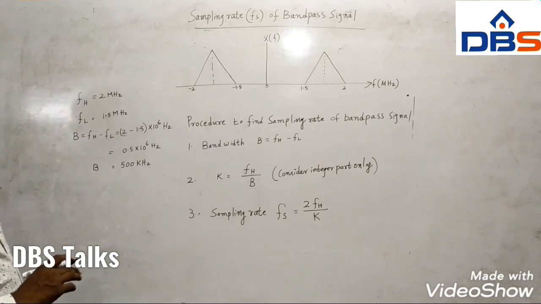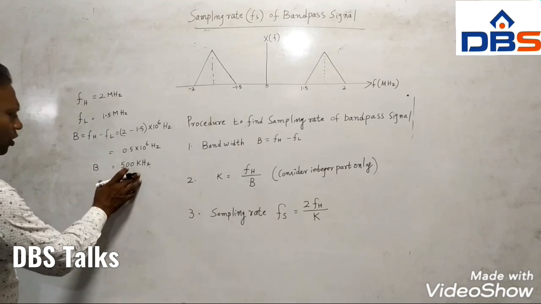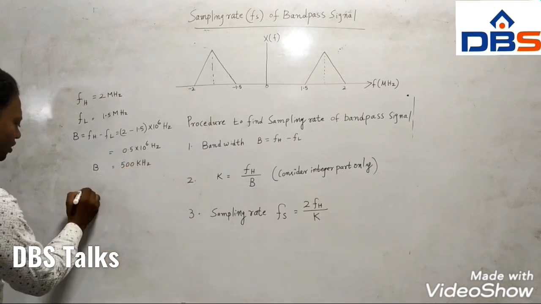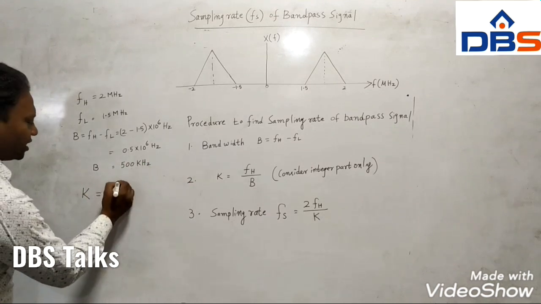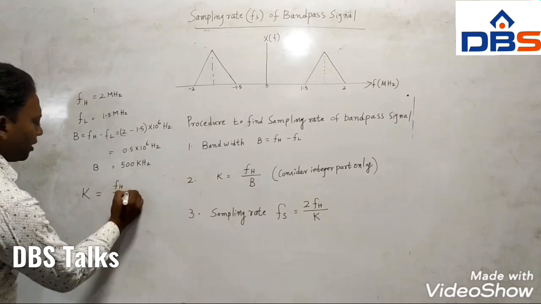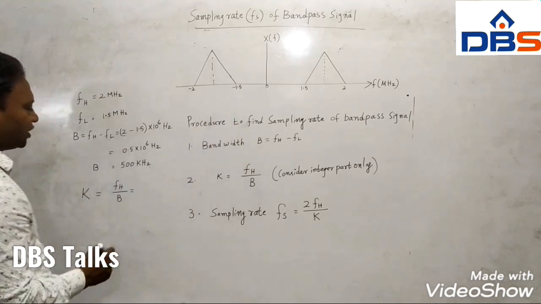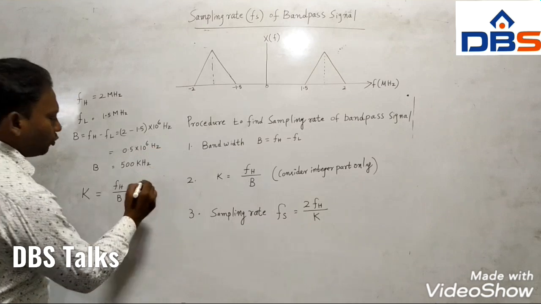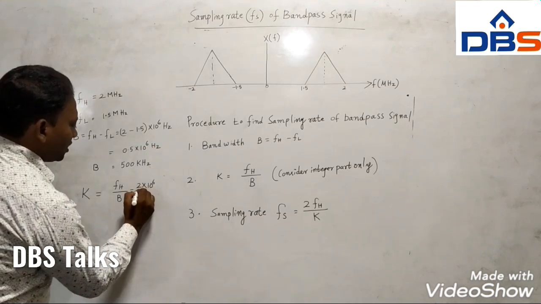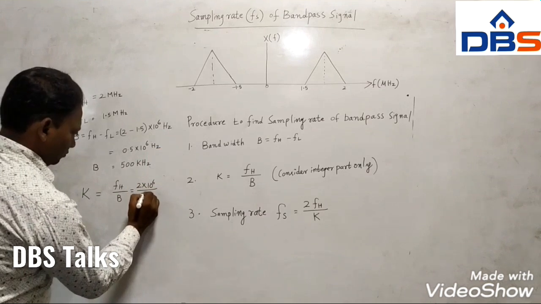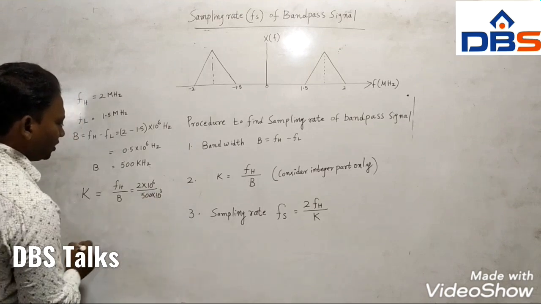After calculating this bandwidth, now we have to find out this k. Calculate the k value. What is k? K is equal to the highest frequency divided by the bandwidth. The highest frequency is 2 megahertz. So, 2 into 10 power 6 divided by 500 kilohertz, that is 500 into 10 power 3.